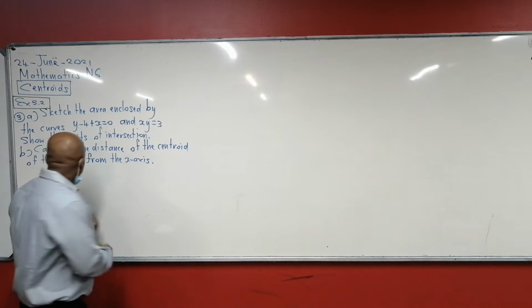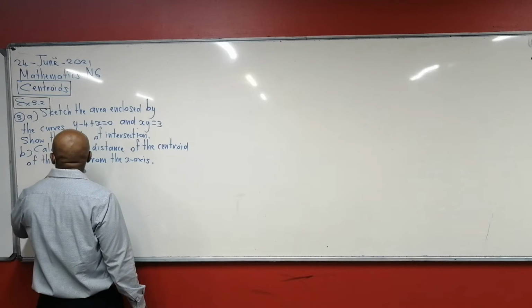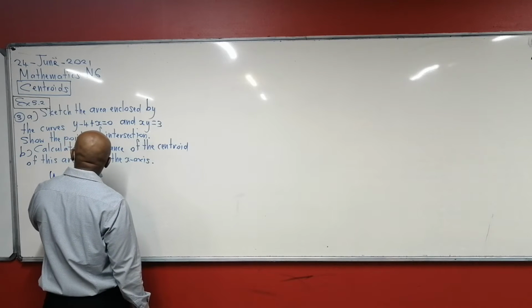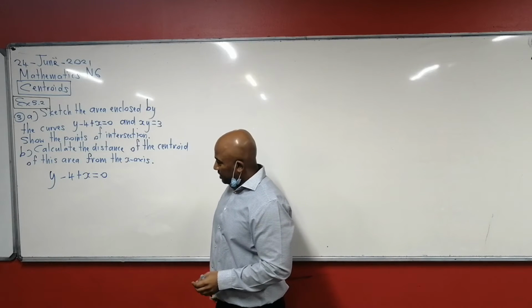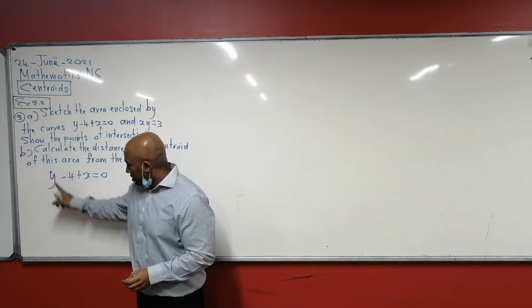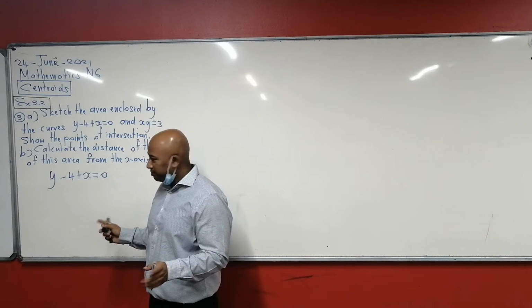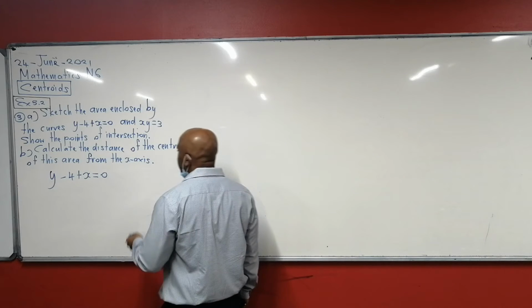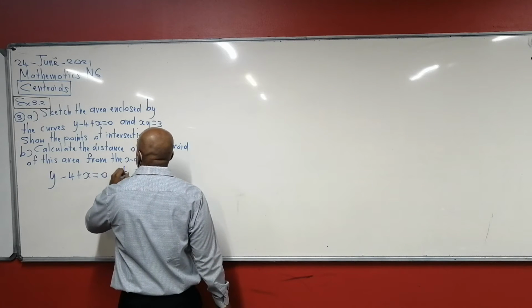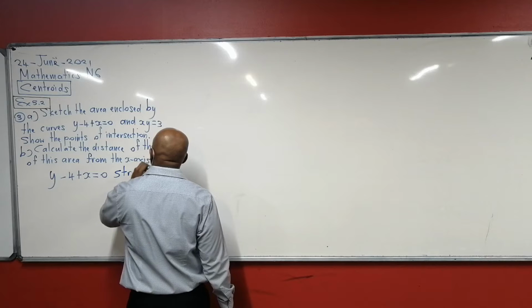Let's have a look at what type of graph this is. We have y minus 4 plus x equal to 0. You can see y to the power 1, x to the power 1. This is a straight line.